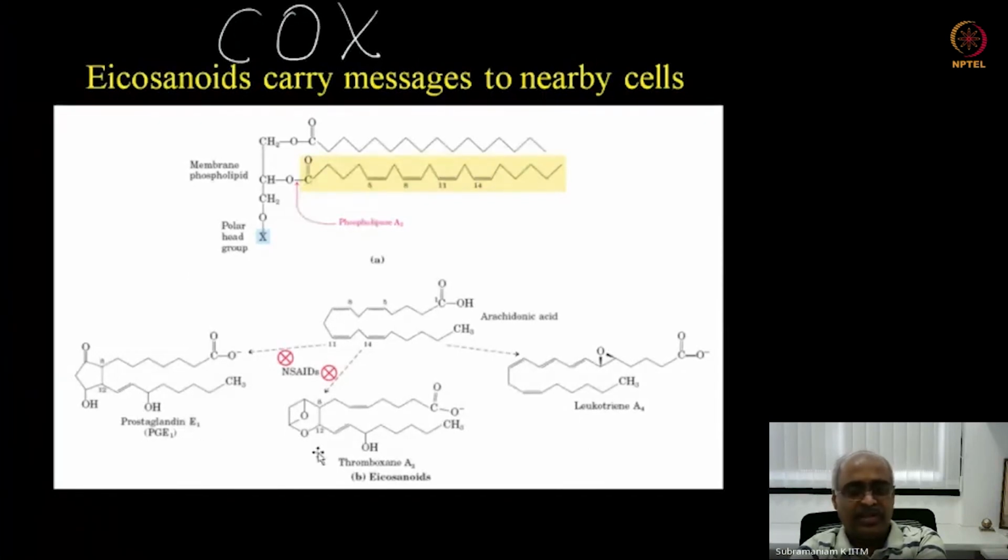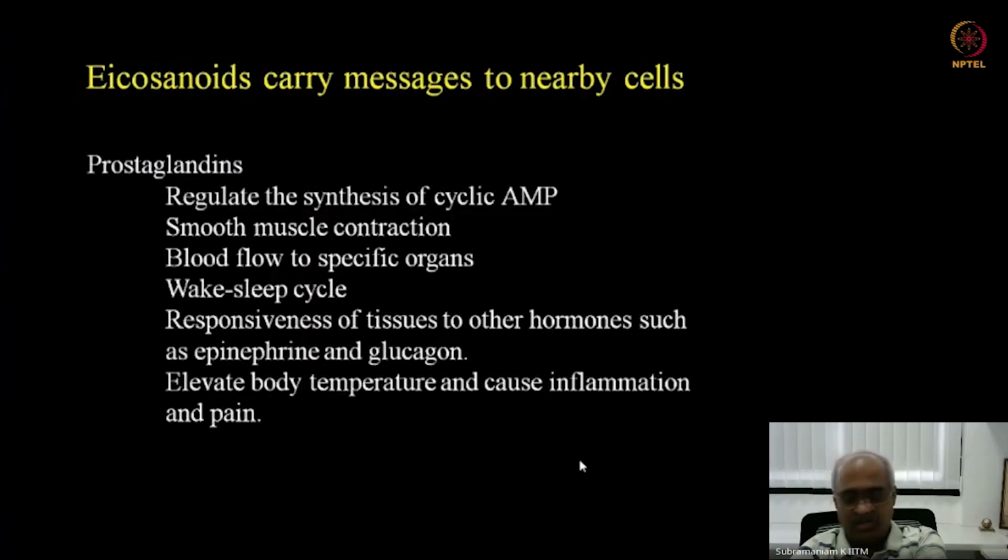Now let us look at individually each one of these 3, what they actually do, and probably we'll stop there today. So prostaglandins, they regulate the synthesis of cyclic AMP. So this is an internal phosphate linkage between 2 hydroxyl groups, 2 alcohol groups of the ribose, a single phosphate.